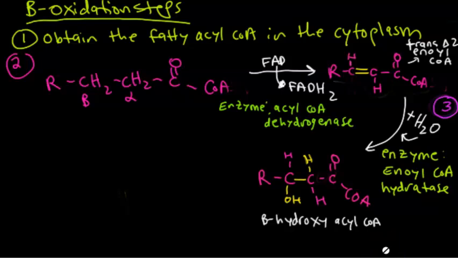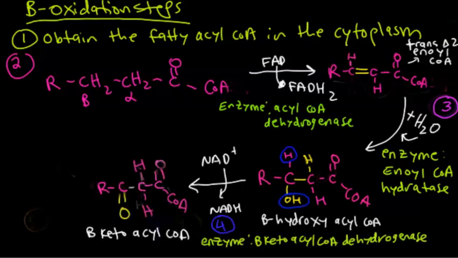This product will get hydrated with water using the enzyme enoyl CoA hydratase. So hydratase is an enzyme that adds water, and in this case across the double bond. So in this case we will form our beta hydroxy acyl CoA. And the beta hydroxy acyl CoA has the hydroxyl group on the beta carbon.